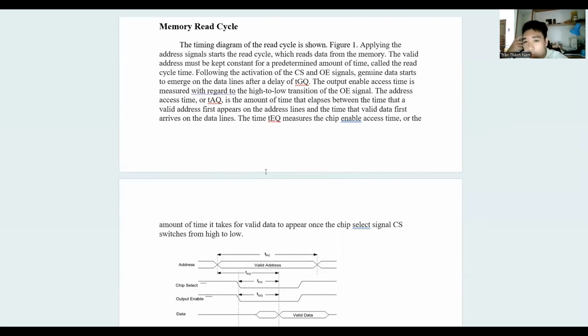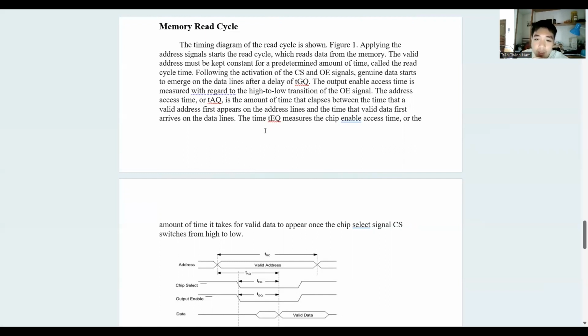The output enable access time is measured with regard to the high to low transition of the OE signal. The address access time, or TAQ, is the amount of time that elapses between the time that a valid address first appears on the address line and the time that valid data first arrives on the data line.